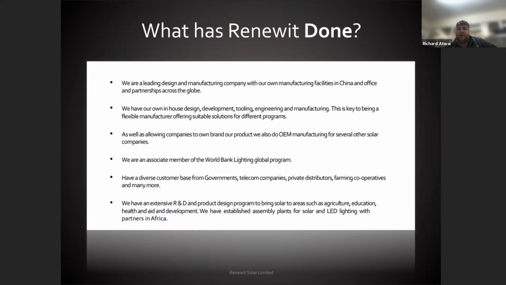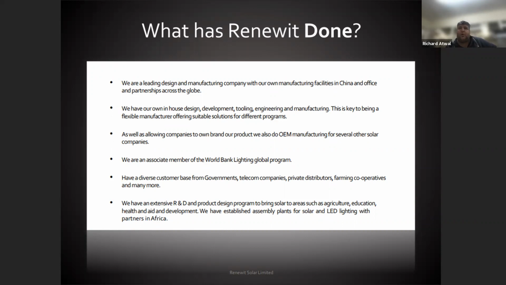Renewit is in a slightly different place. We're a manufacturer of product only. We started off in the off-grid solar industry about 13 years ago, where we tried to take part in the whole value chain: manufacturing the product, exporting it, importing it into countries, and being the final distributor.